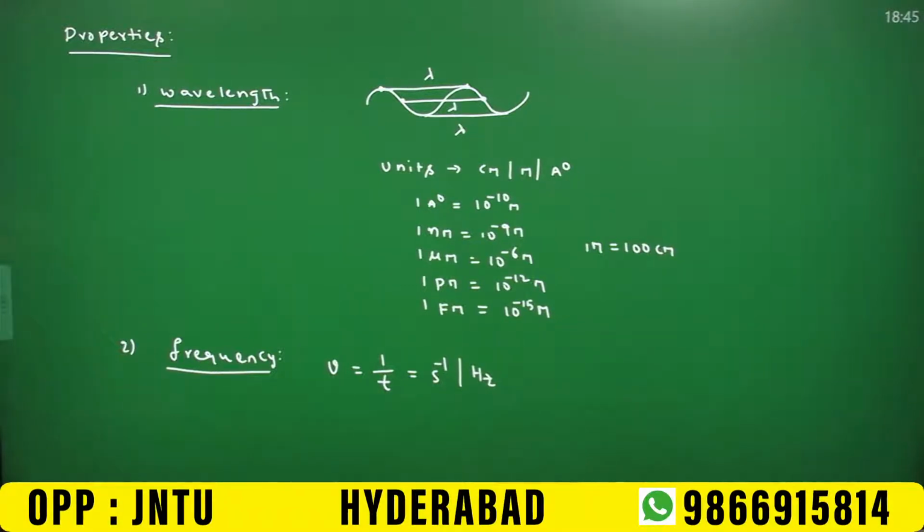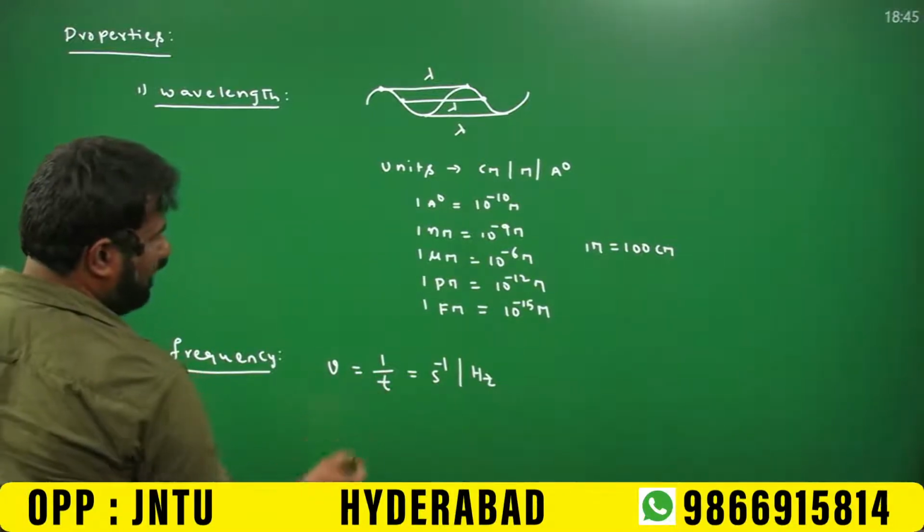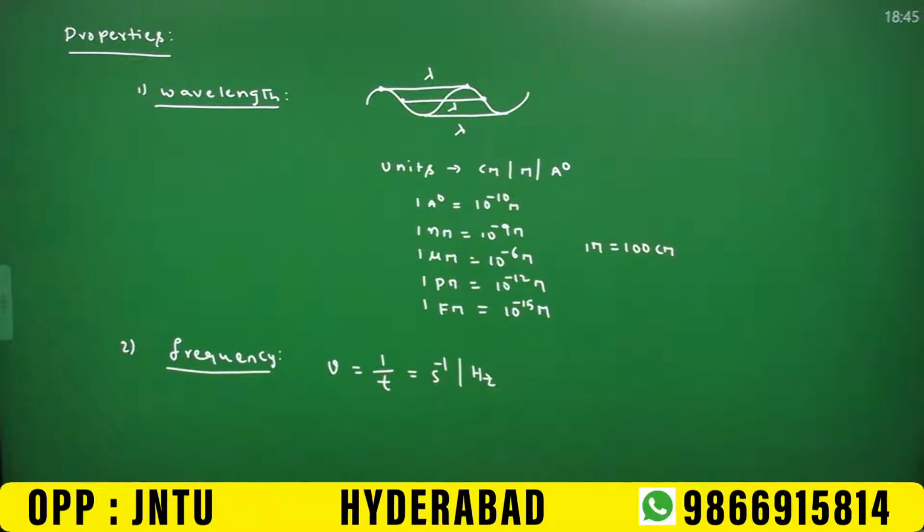So frequency is 1 by t, with units of second inverse or hertz. Then coming to the third property.